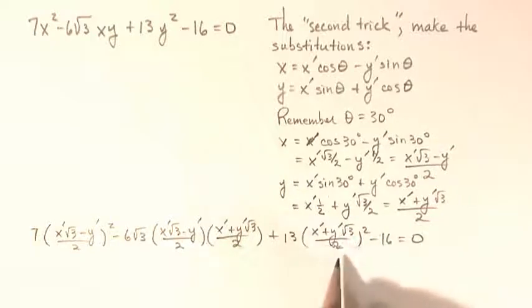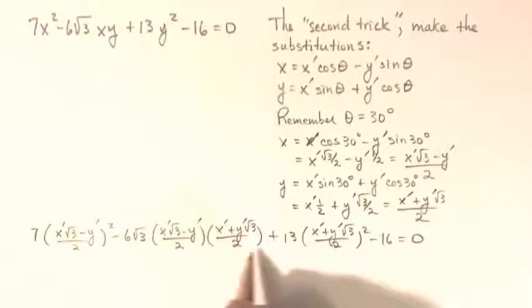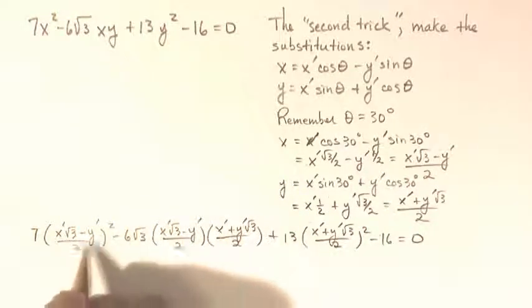Now, one trick that we can do is to bring these fractions out. This is a 2 squared.